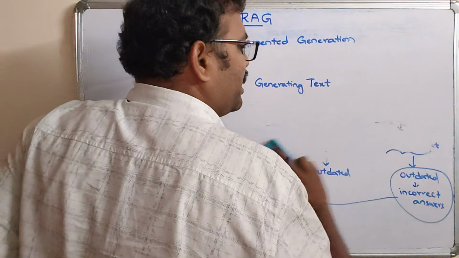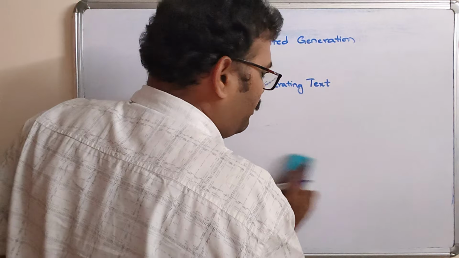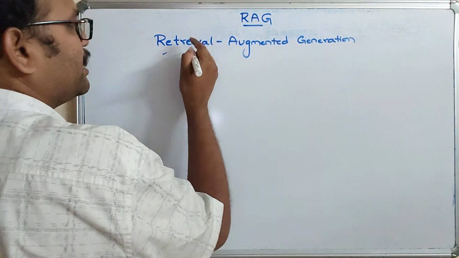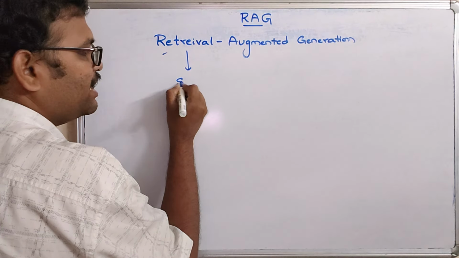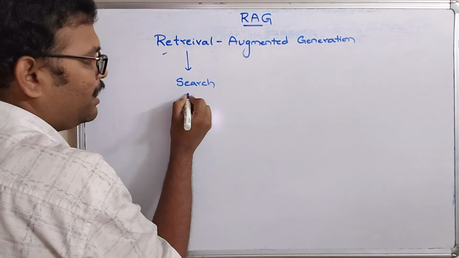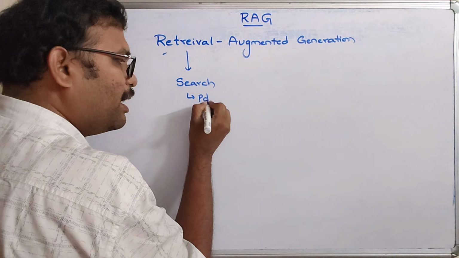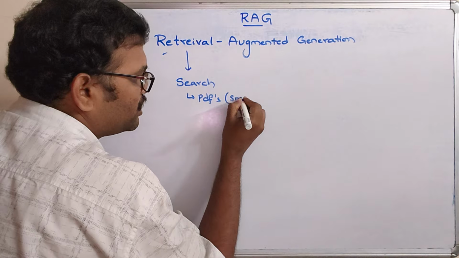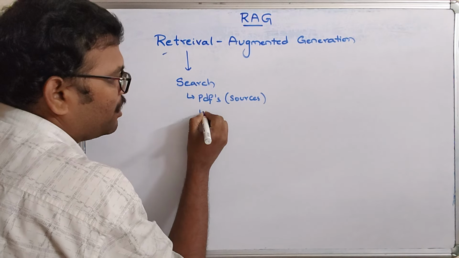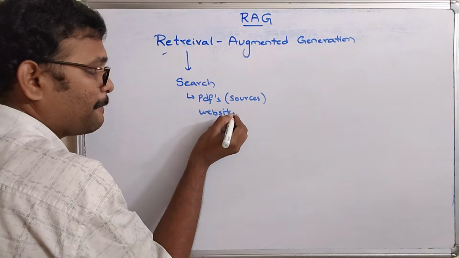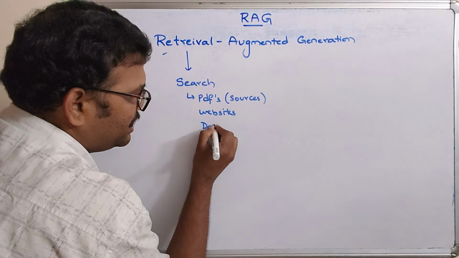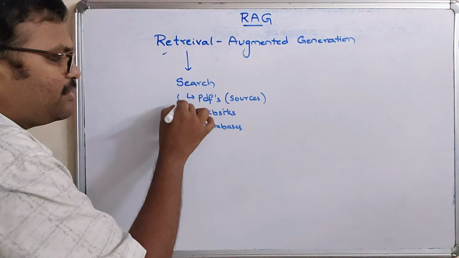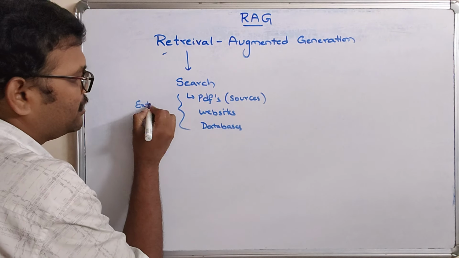I'll explain what exactly this RAG, retrieval augmented generation, is. Retrieval means first it will search, and this will be done from PDFs, websites, databases, some data sources. So like this it will search in all these external sources.